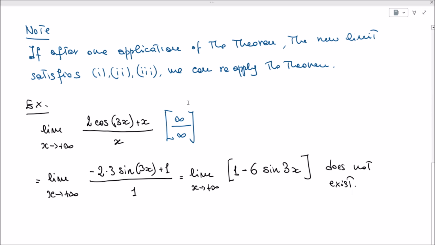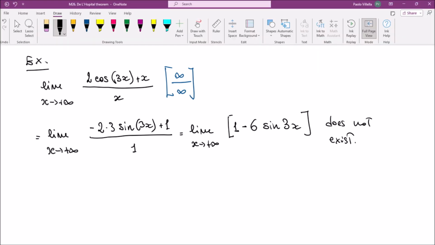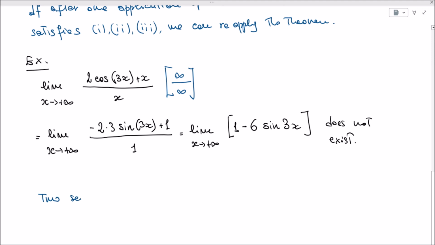If we want to prove this more formally, we need to identify basically 2 sequences with different limits. Let me call the first sequence an. Let's say, for example, that we want to make the sine equal to 1, okay?